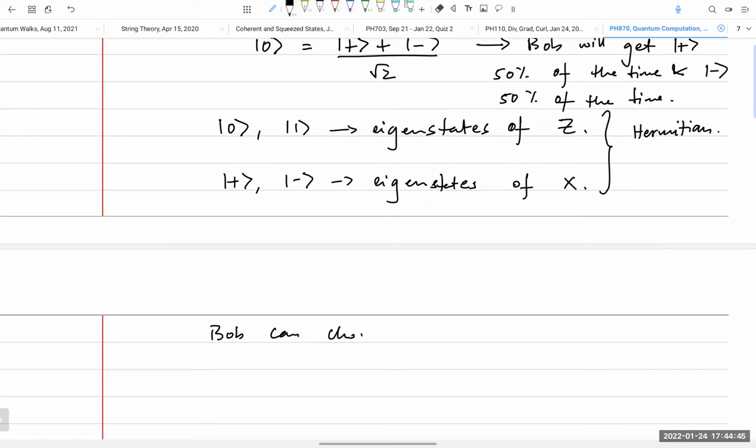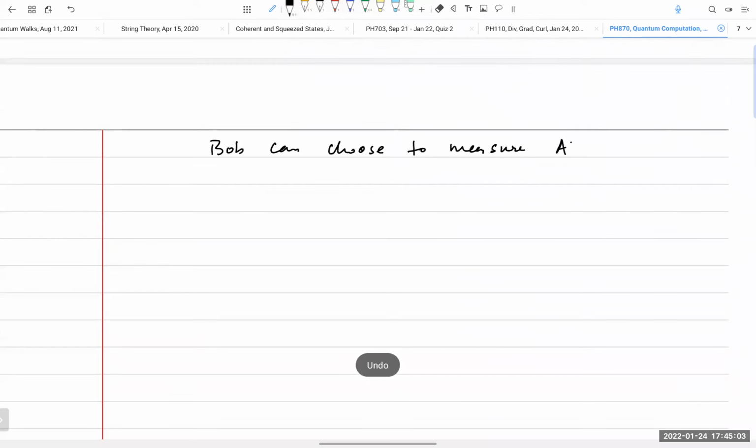So Bob can choose to measure any Hermitian operator that he wants. There is no restriction.